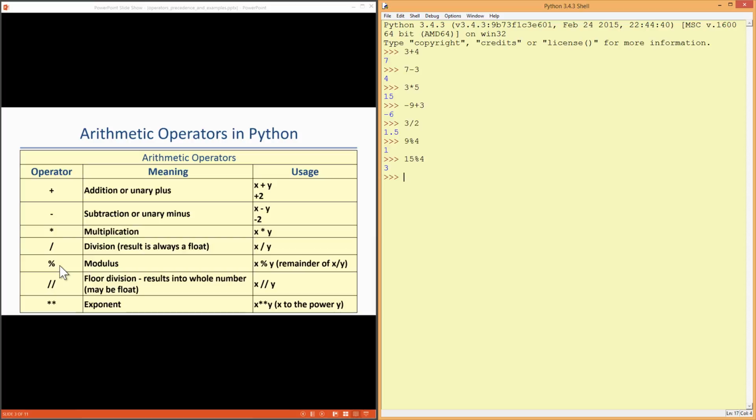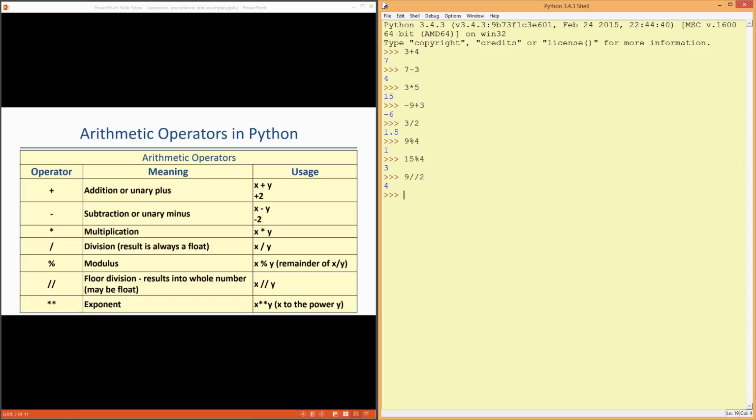Now, the floor division gives you the whole number when you divide a number. For example, if I say 9 // 2, the answer is 4 rather than 4.5. As you can see, it divides 9 by 2. The answer is 4.5, and it takes the whole part of it, which means the 0.5 is not included, so the answer is 4.